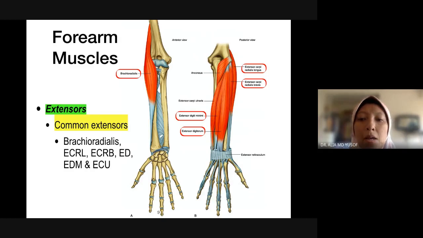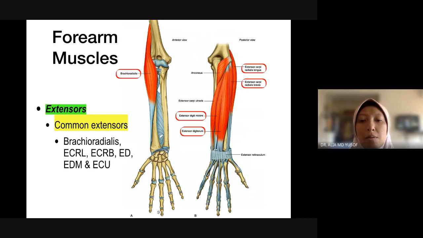And then kita tengok extensor digiti minimi. Extensor digiti minimi inserts itself again at the extensor retinaculum and extensor hood. It also inserts, at the end of it, at the distal and middle phalanx of the fifth digit.